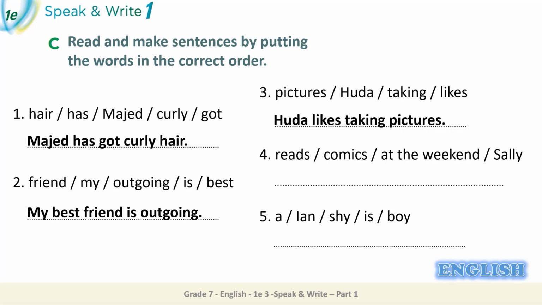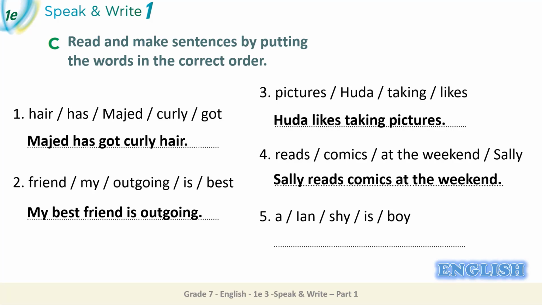Now, let's move to question number 4. Reads comics at the weekend, Sally. Who can put these words in the correct order and give me the correct answer? That's perfect. The correct answer is Sally reads comics at the weekend.